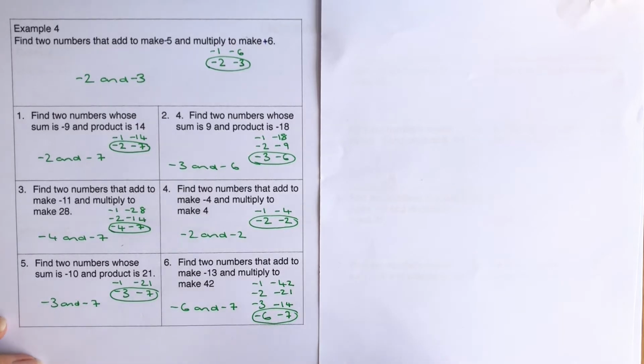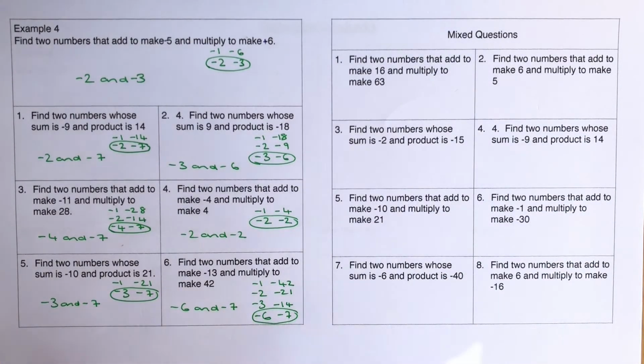Okay, hopefully you got all those correct. So you just need to think about your signs carefully, double check when you add them together you get the correct number. So I've got some mixed questions for you to try here. Press pause, have a go, and then we'll go through them.